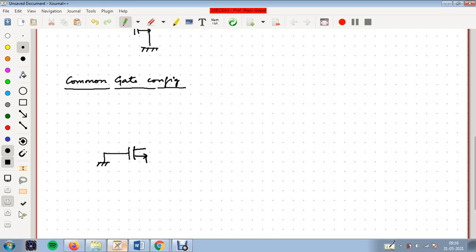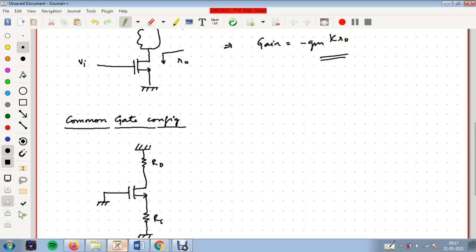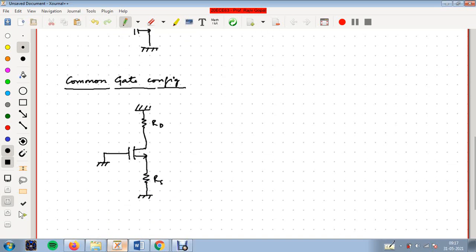I have some RS resistance here which is grounded, and some RD resistance here, which is also grounded. I don't want to worry about voltage sources here. I want to see how this configuration will improve my R naught so that my gain will be more.